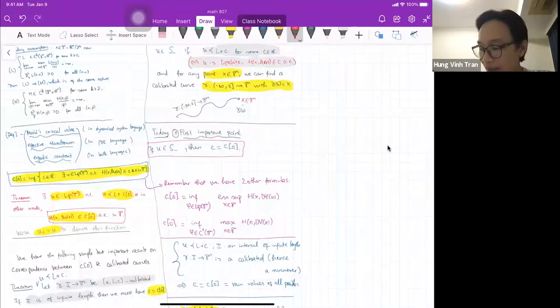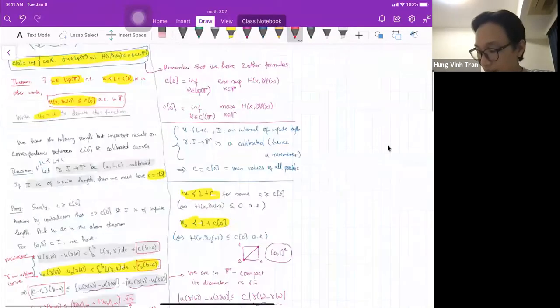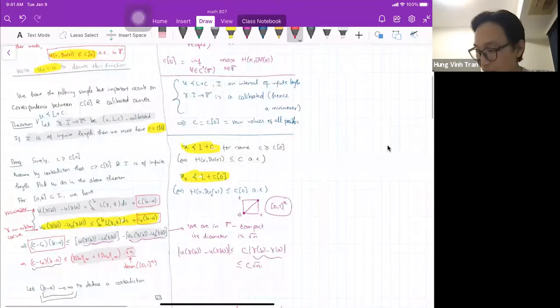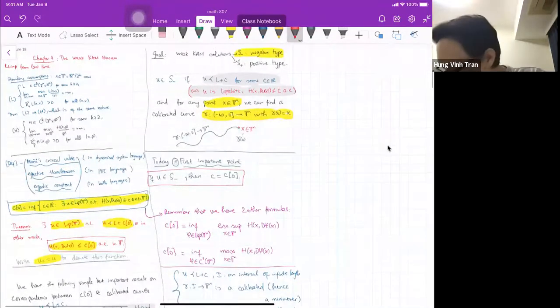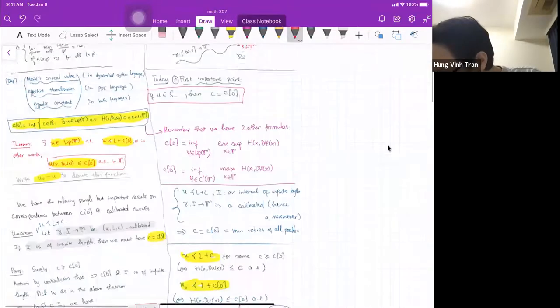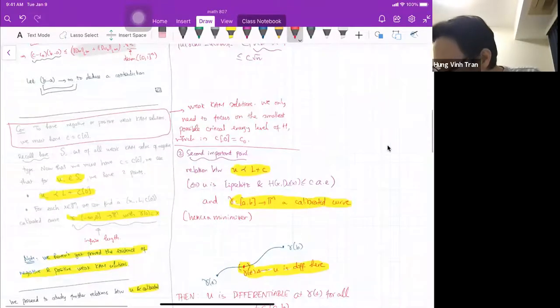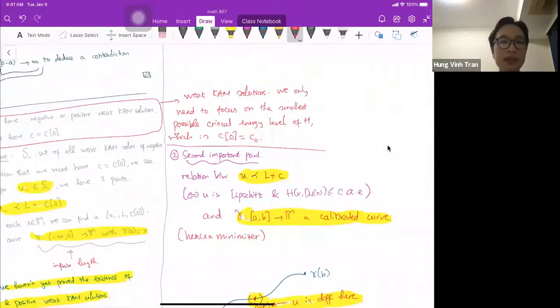And the other thing is that we start to see a clear relation between... where is it? Give me one second. The second point, oh, here. The second point is that we start seeing the relations between U being dominated by L plus C with calibrated curves.